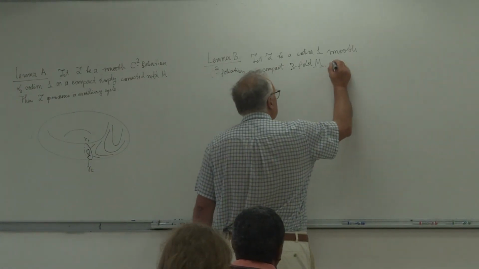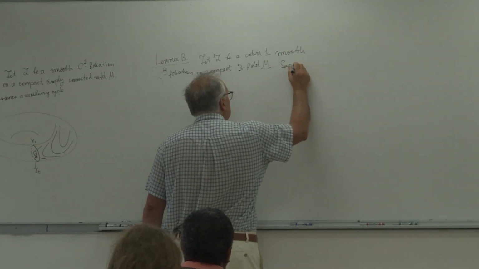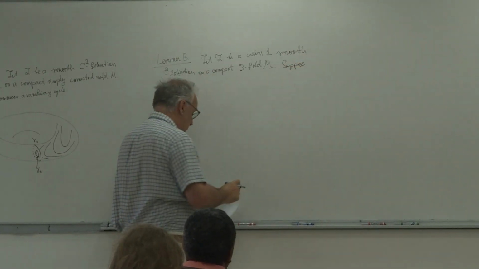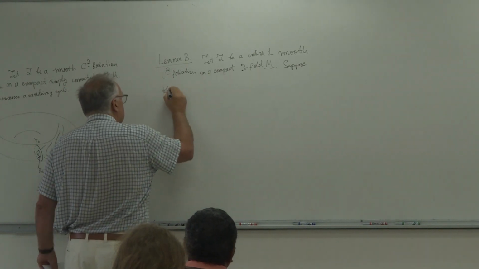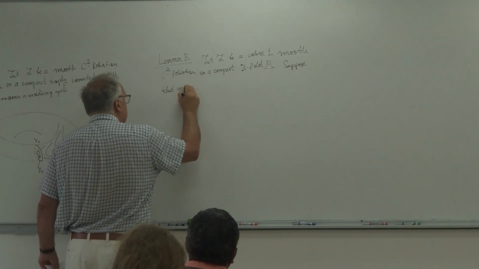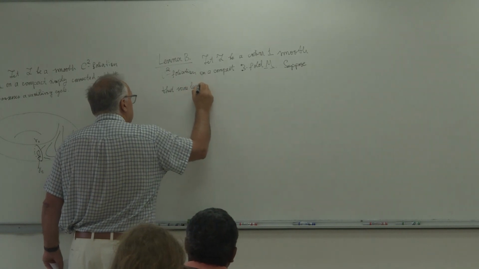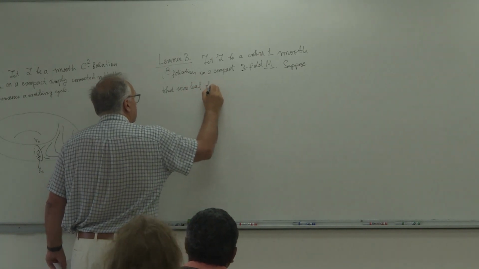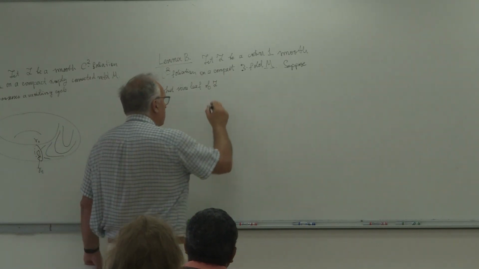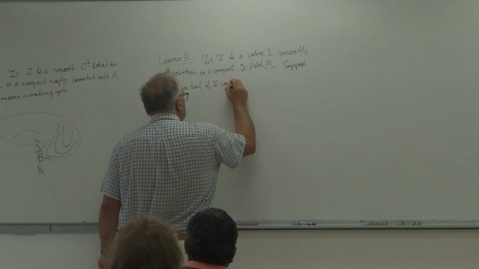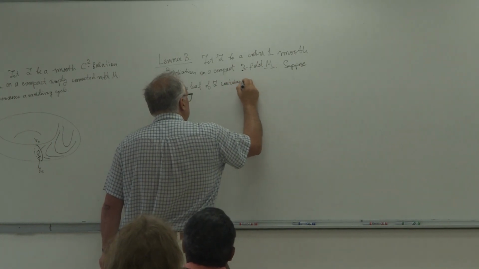Suppose that some leaf of L contains a vanishing circle.